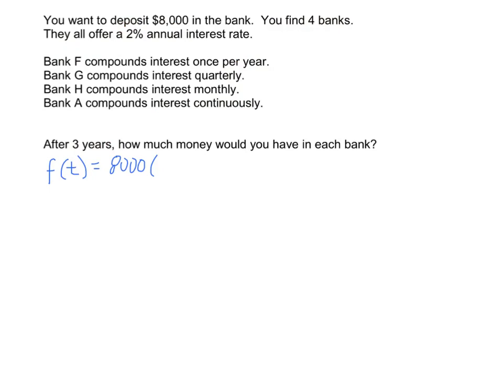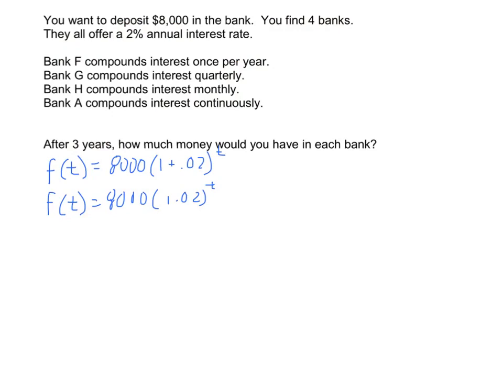We could write that as 1 plus 0.02 to the power of t, or more commonly, f of t equals 8,000 times 1.02 to the power of t. That's our basic growth equation that we've been working with.